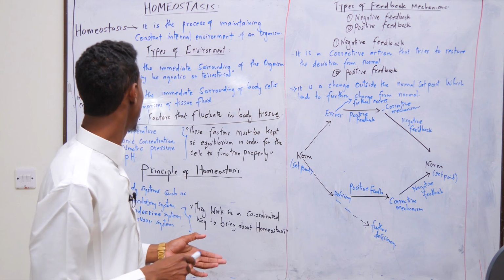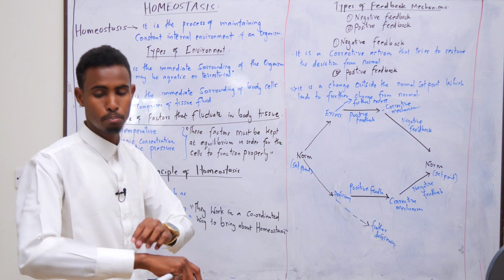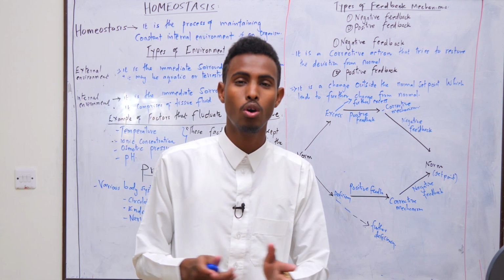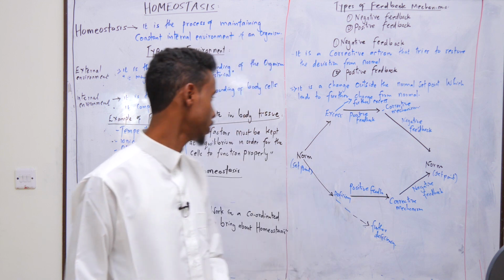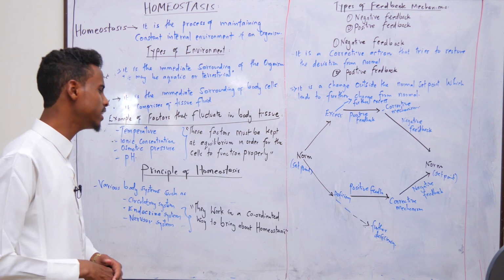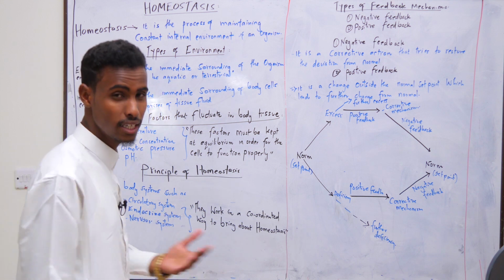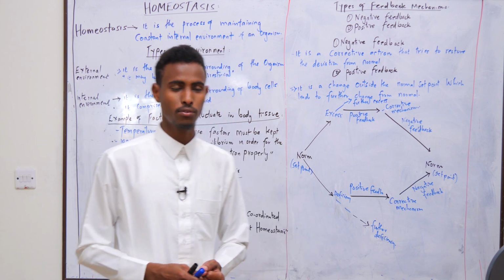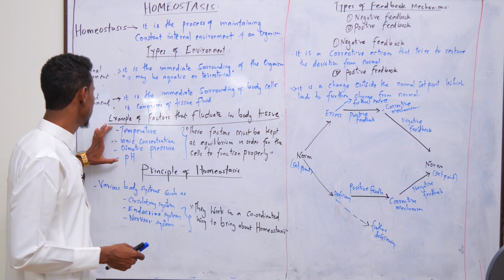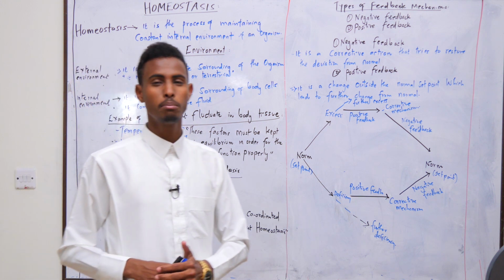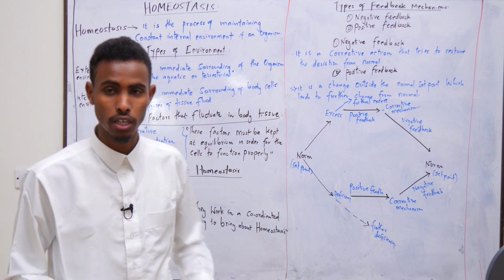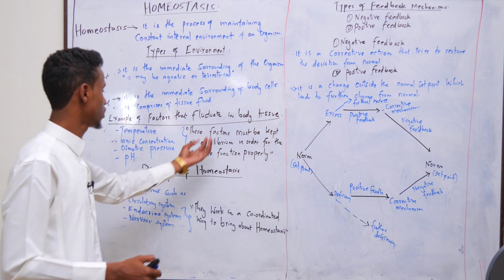We also have the blood vessels passing near the skin surface expanding, or rather doing something called vasodilation. Now we are going to discuss further details when we go to the skin and thermoregulation. But for now, just know that these factors, the temperature, ionic concentration, osmotic pressure, and pH, must be kept at equilibrium in order for the cells to function properly.